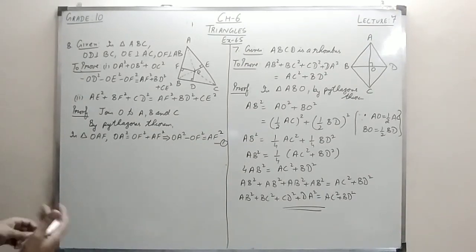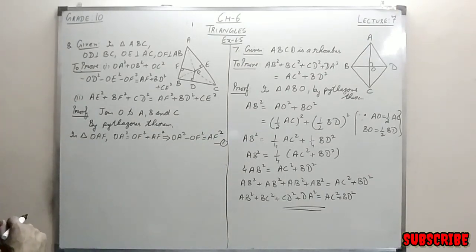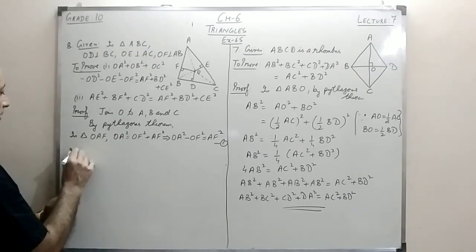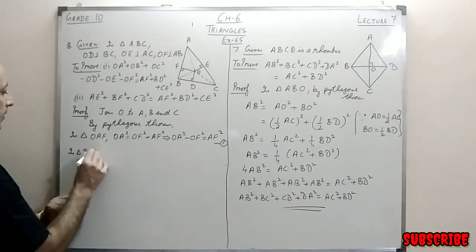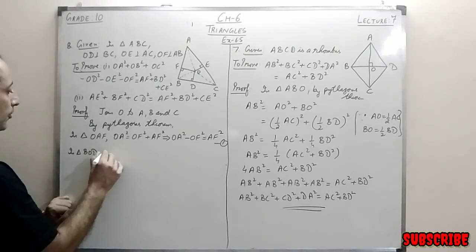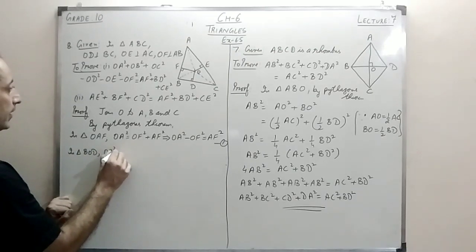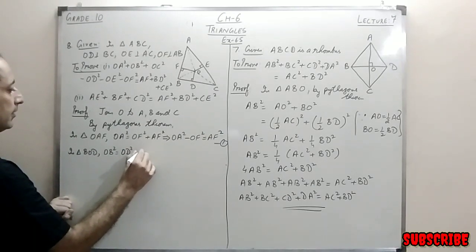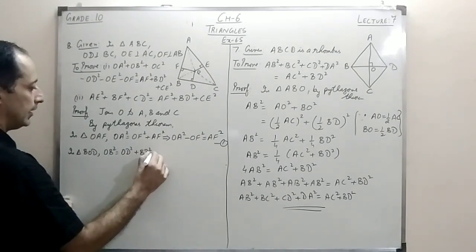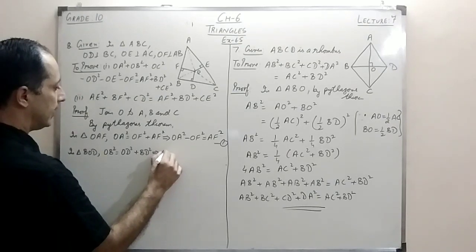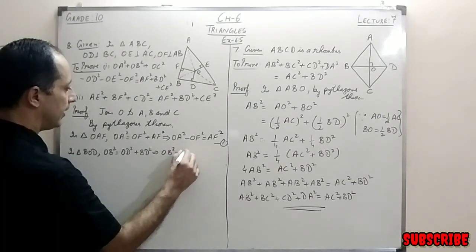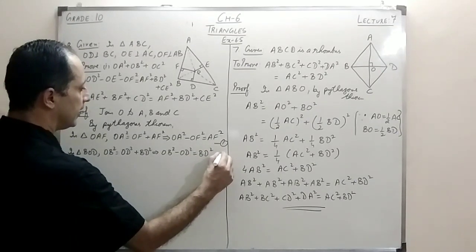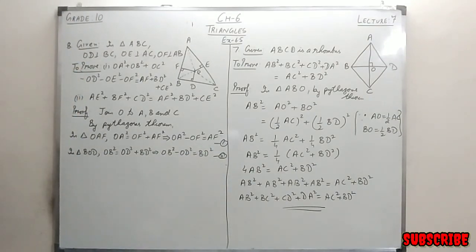Similarly, in triangle BOD, OB square is equal to OD square plus BD square. This means OB square minus OD square is equal to BD square. I write this as the second equation.